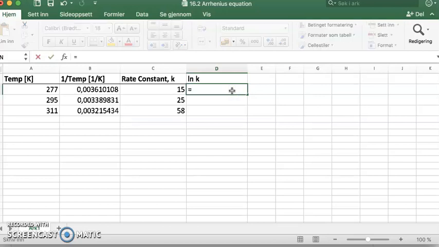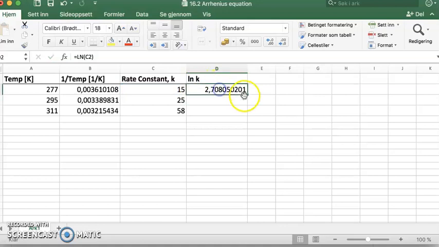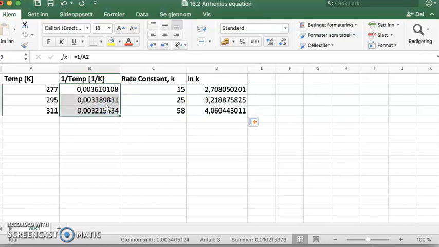And then we calculate ln of the rate constant. We write ln, click on the rate constant, and we do the same for all of the values. What we do now is that we want to plot. So we take these values and these values, and we want to plot them against each other.